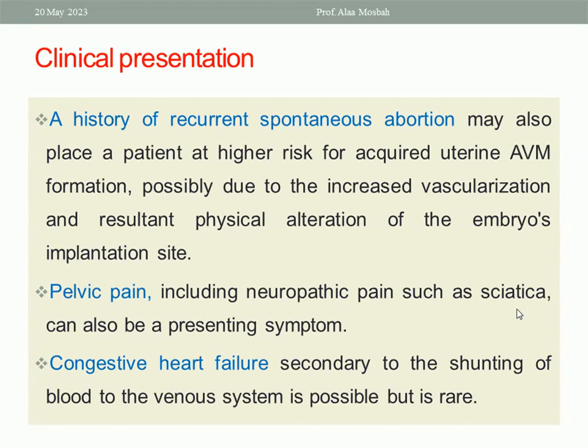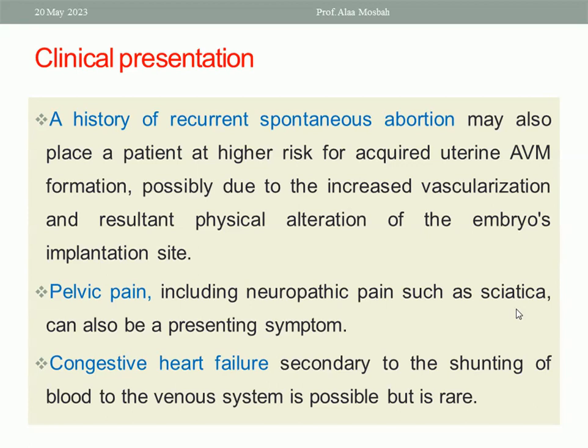So when you are taking a history from a patient and you find recurrent miscarriage, and the patient is coming to you complaining of abnormal uterine bleeding, please remember this. This patient may be at higher risk for acquired uterine arteriovenous malformation. Why? Due to increased vascularization and the resultant physical alteration of the embryo's implantation site.